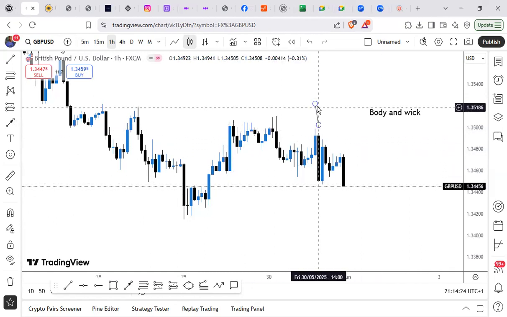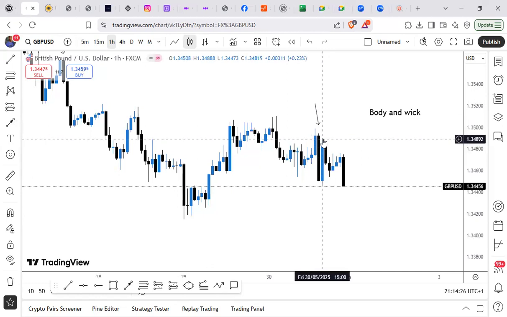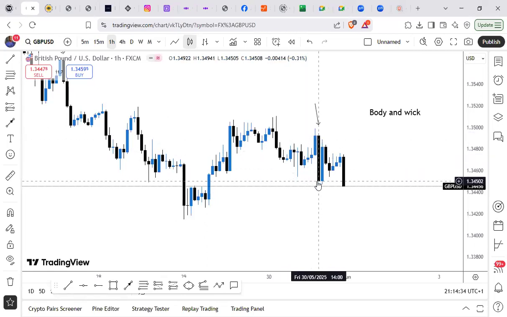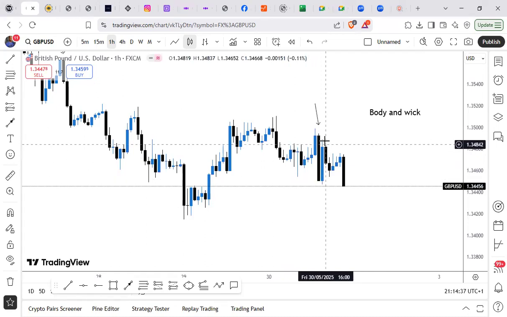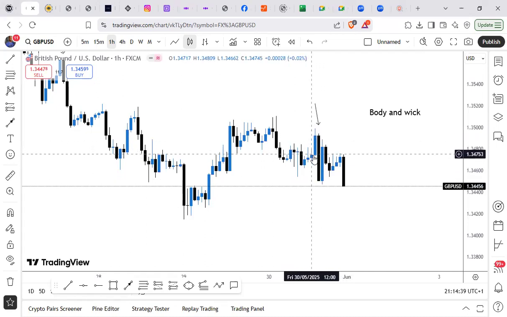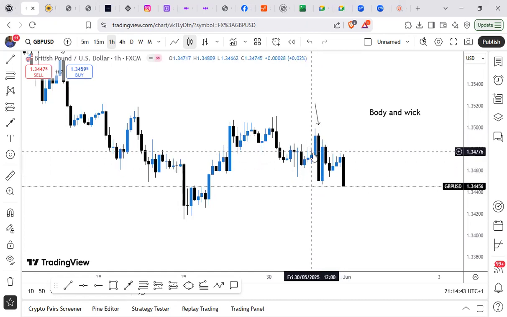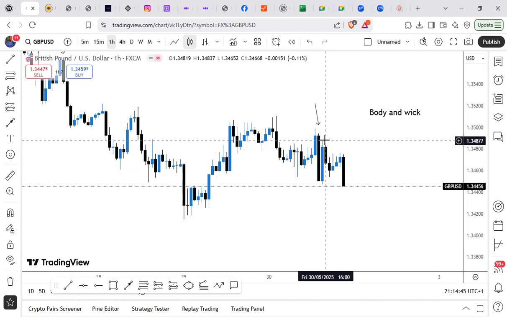So even if the wick is longer than the body of the sell candle, this is still bearish engulfing. Why? Because the body of the sell candle fully swallowed the body of the buy candle in this manner.